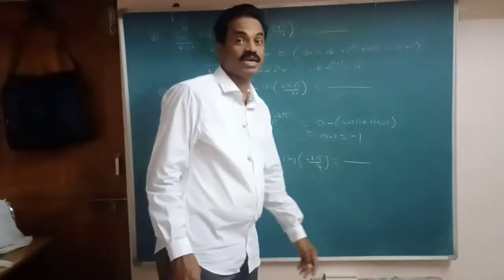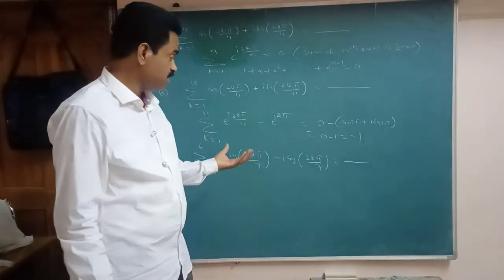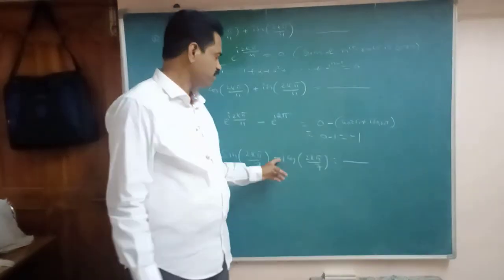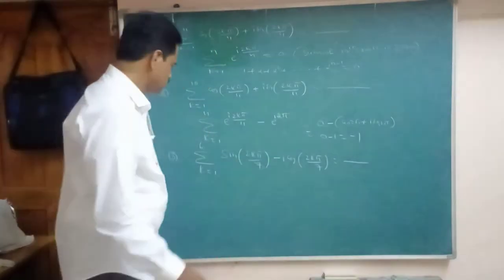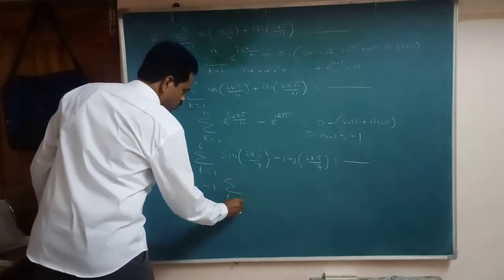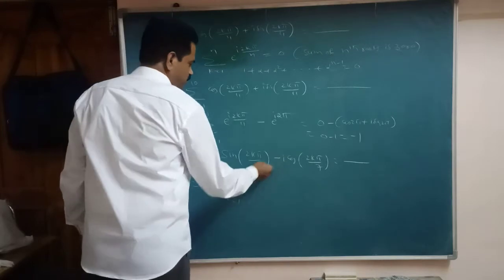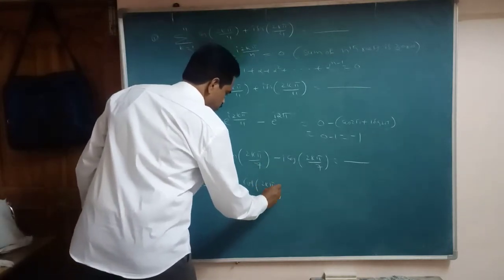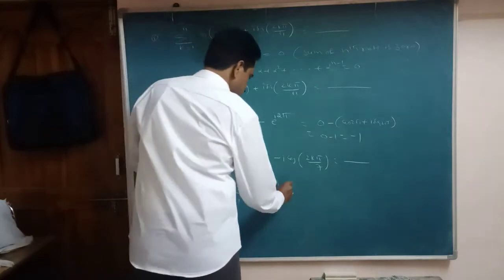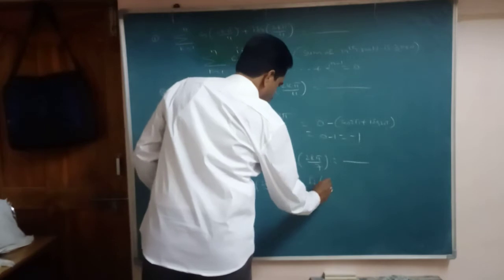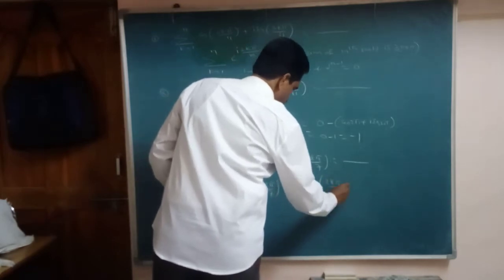That is cos theta plus I sin theta, but here the sin coefficient is I, so we take minus I common, summation k equal to 1 to 6, so it becomes cos of 2k pi by 7 plus 1 by minus I sin of 2k pi by 7.